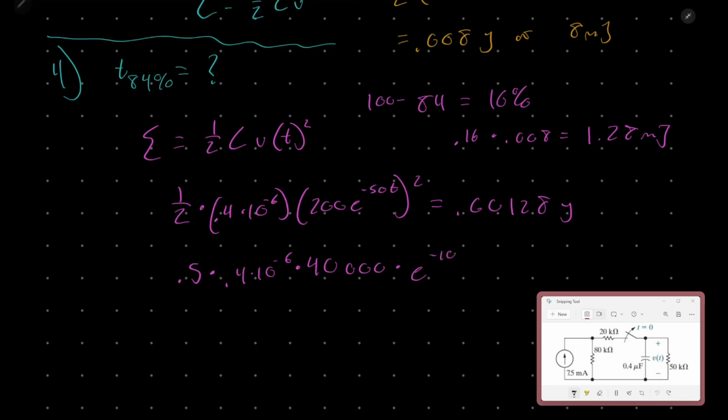So we'll get negative 100t, again equal to 1.28 millijoules.